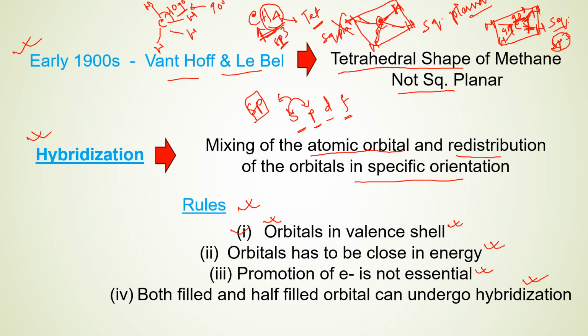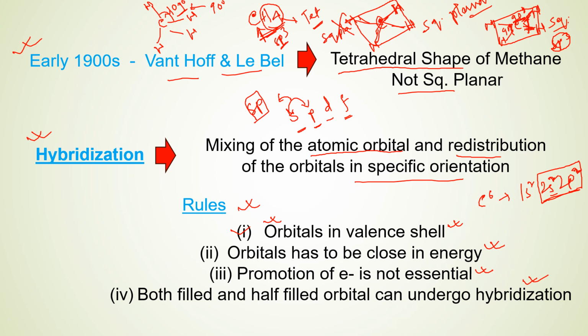Suppose carbon has an atomic number of 6, so it has the electron distribution 1s2, 2s2, and 2p2. Basically the second shell is the valence shell, and it has two types of orbitals, s and p. s has 2 electrons and p has 2 electrons.